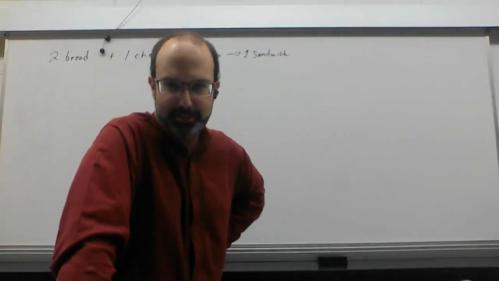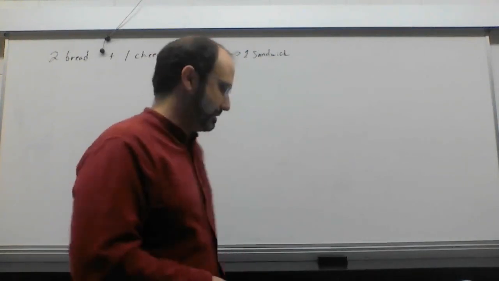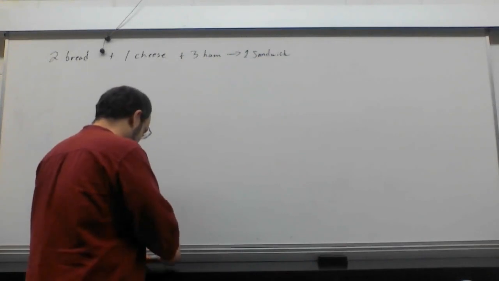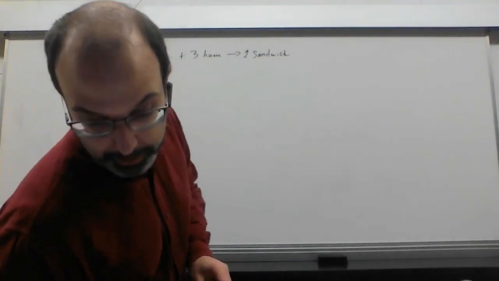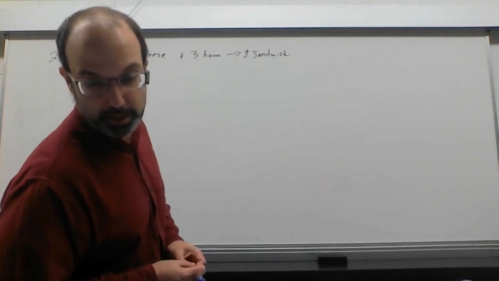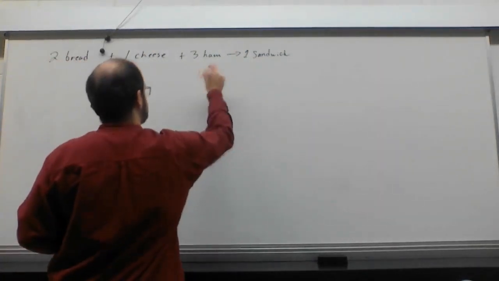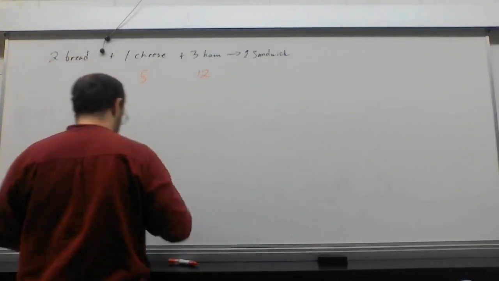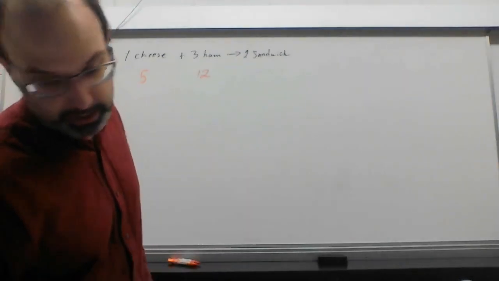Now, in this context, with the numbers that we have, how many can we make? Let's remind ourselves what the numbers are. We said 12 pieces of ham, 5 pieces of cheese, and 6 pieces of bread.